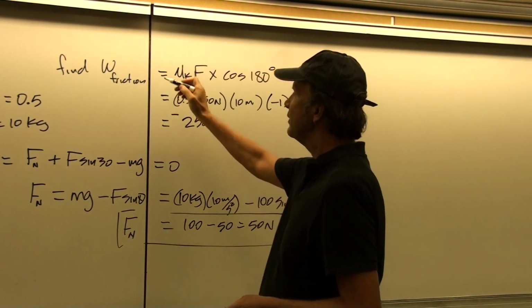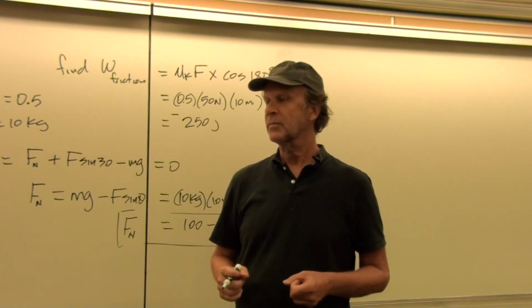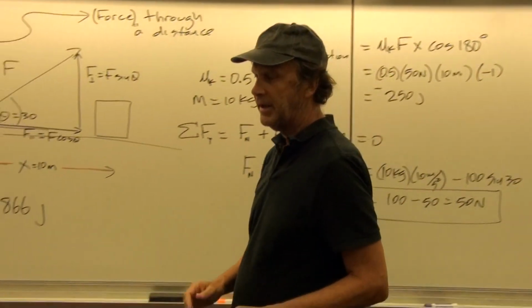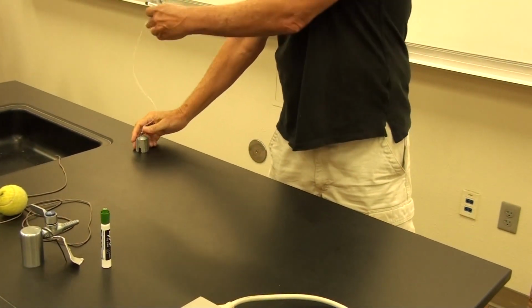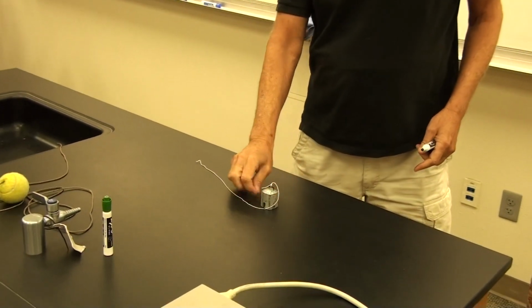Okay, so the work done by friction is negative, and what that's telling us is that the system left to itself is going to lose energy. You slide it along and it comes to rest because of friction.